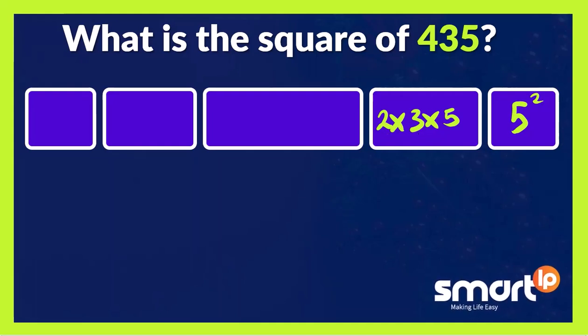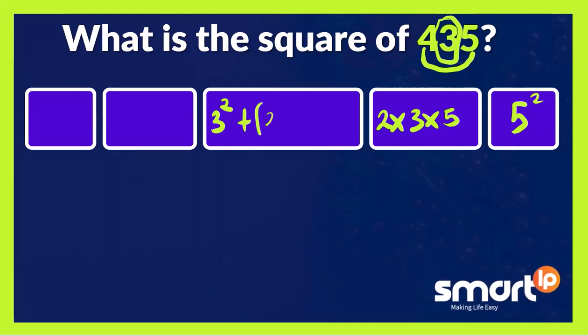The third step: take the second digit and square it. The second digit is 3, so 3 square, and write plus, then create an open bracket. Now take the first digit and the third digit and multiply them by 2.